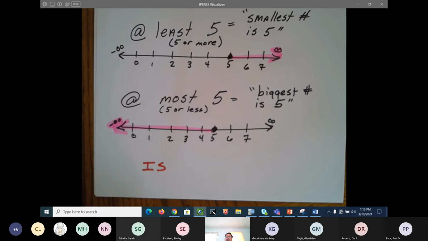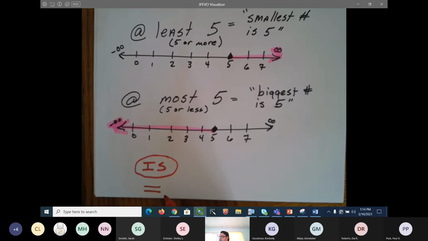I don't care what word problem you have, that word is going to be in it. Why? Because this word, can you tell me what it stands for in mathematics? Equals? The equal sign, yes. The "is" in a word problem is usually going to stand for the equal sign.